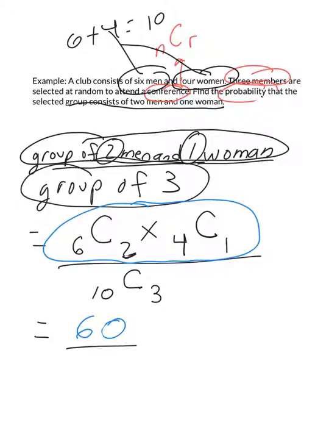Now try typing in the denominator 10 nCr 3. So 10, math, PRB, choose nCr, then the 3, enter. If you do it correctly, you should get 120. So now 60 divided by 120, reduce it. If you're doing it in the calculator, math button, enter twice to reduce a fraction. And this one will reduce to a final answer of 1/2.